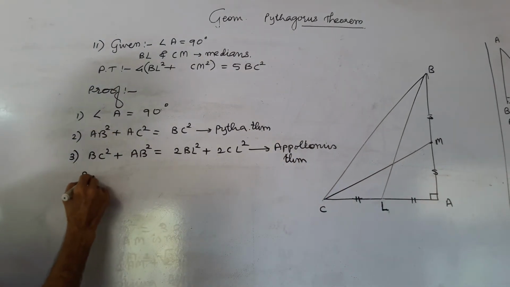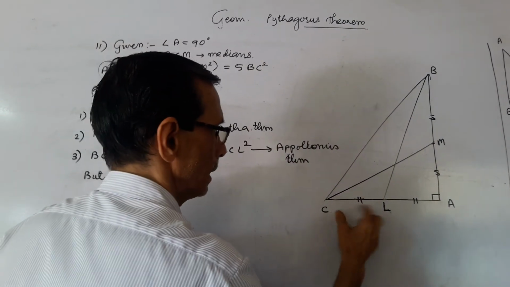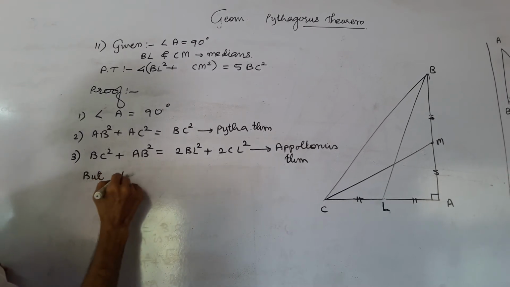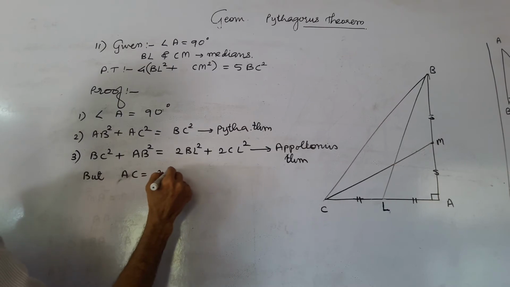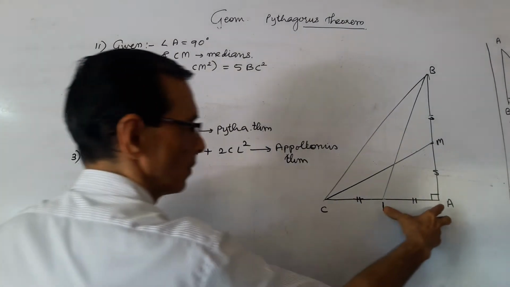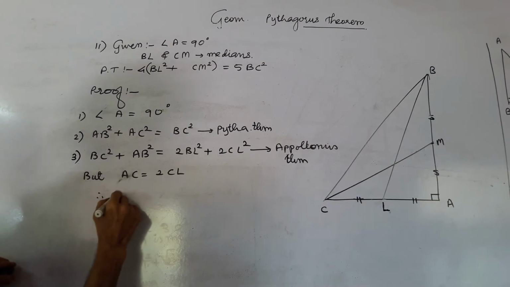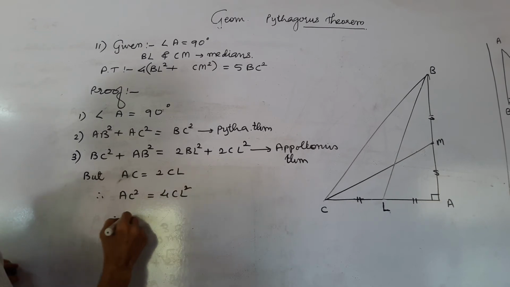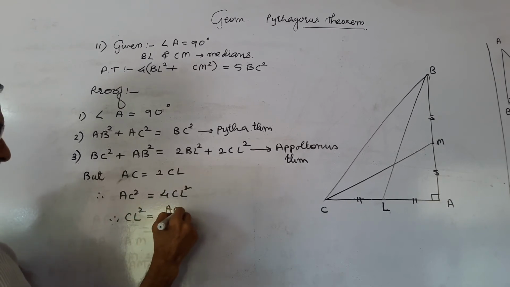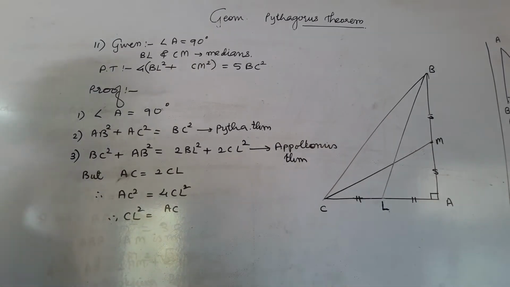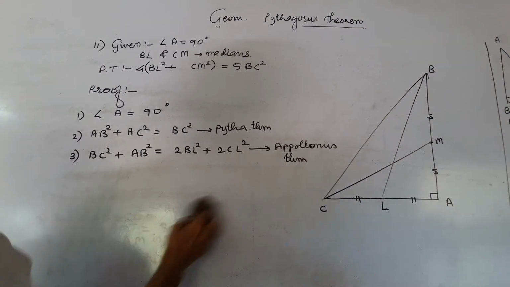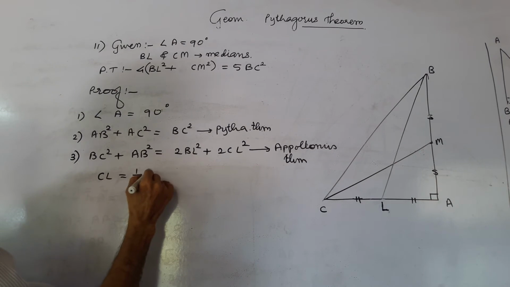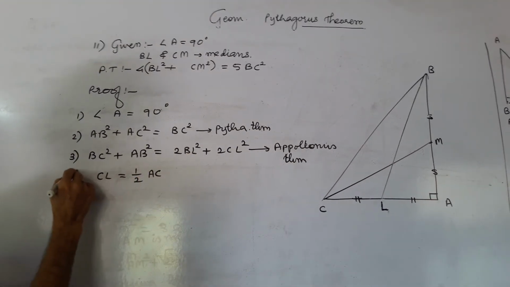But we know that CL is half of AC. So AC is equal to 2CL, and therefore AC square is equal to 4CL square. Therefore CL square equals AC square upon 4, or we can write CL is equal to half AC. So let us write in place of CL, half AC.